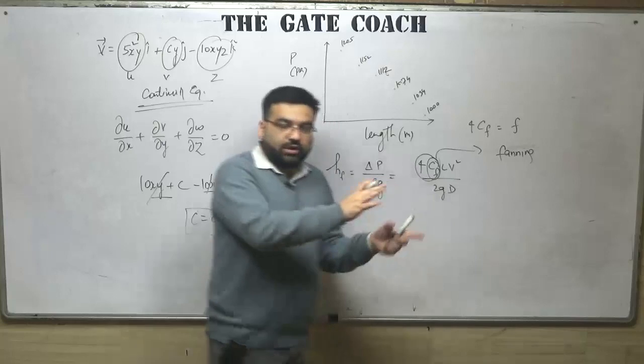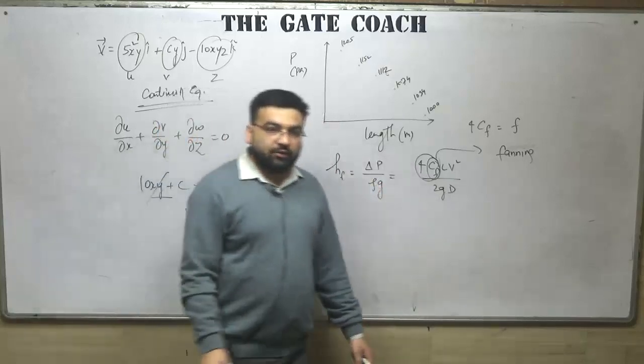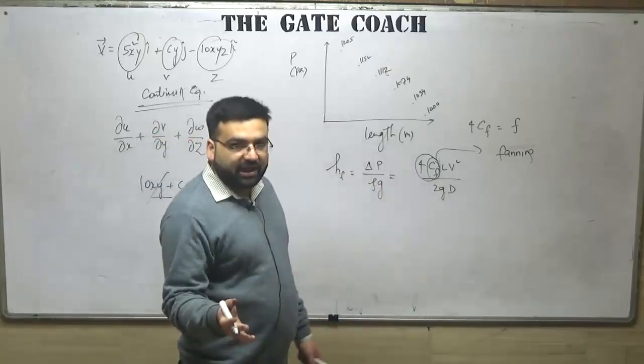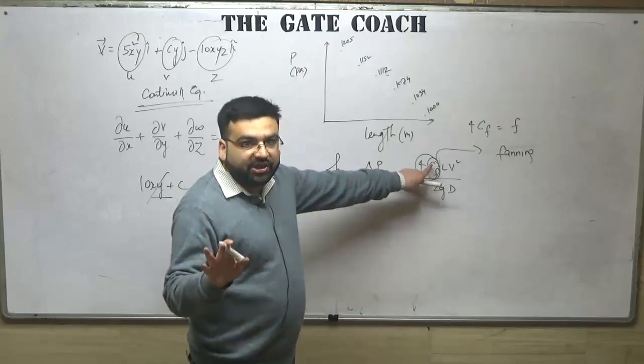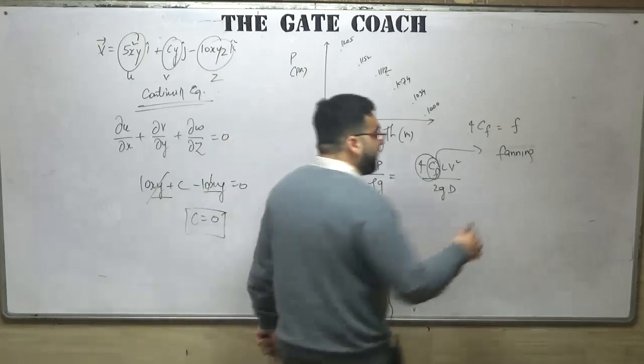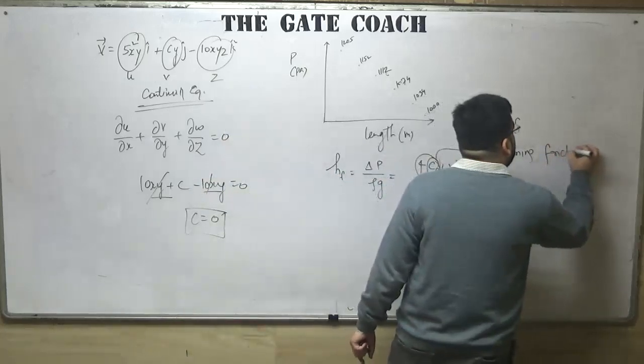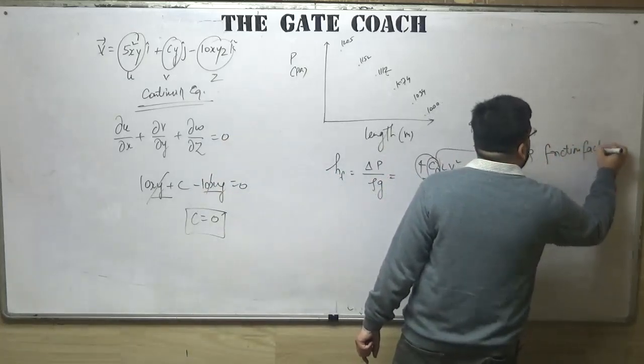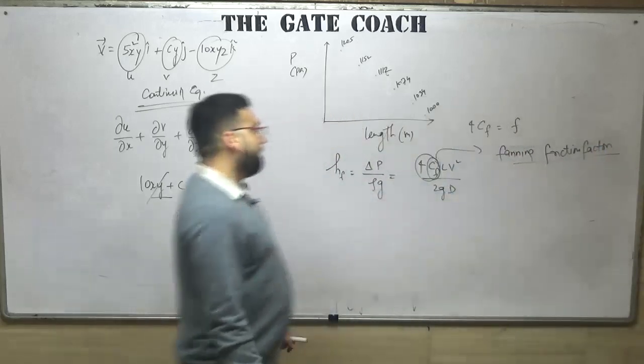For other values, for turbulent flow and for other types of flows, this value might also change, right? But generally we take this CF as the fanning friction factor.